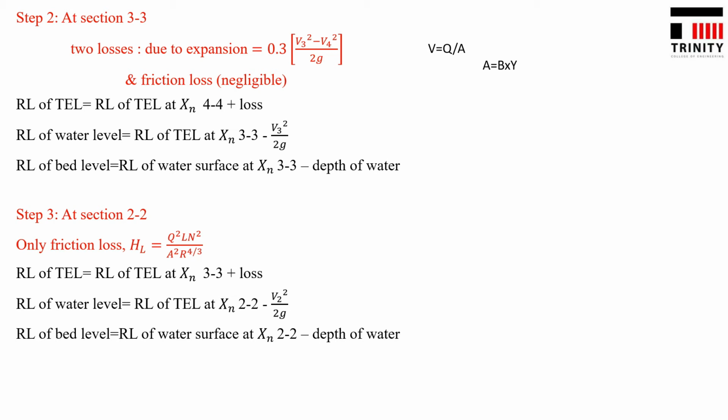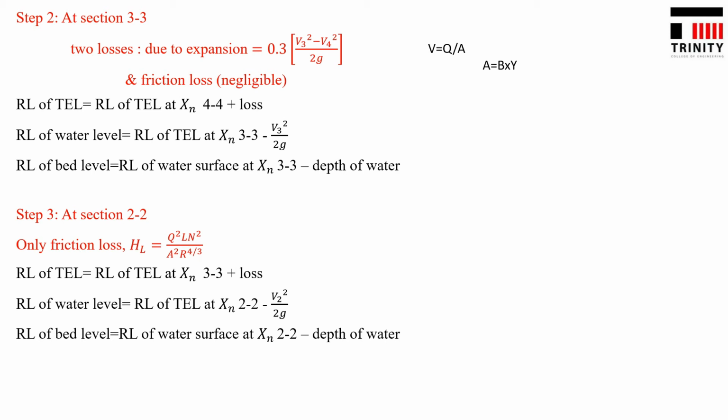So the reduced level of total energy level at section 3:3 is equal to the reduced level of total energy level at section 4:4 plus loss. Next, we have to find out the water level. Water level is equal to reduced level of TEL at section 3:3 minus V3 square by 2g. Next, we have to find out the bed level. That is equal to water surface at section 3:3 minus depth of the water.